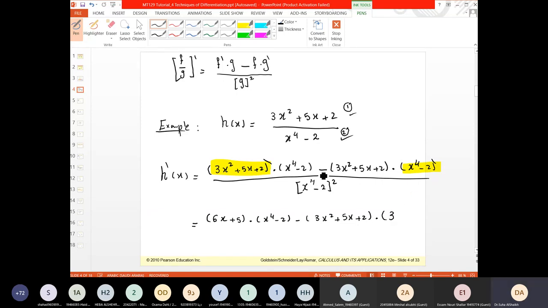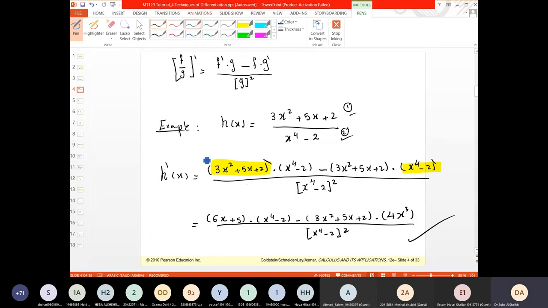Exactly. It is 4x^3, divided by (x^4 minus 2) squared, and this is the derivative.